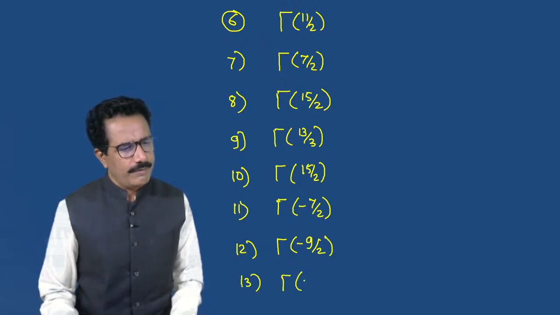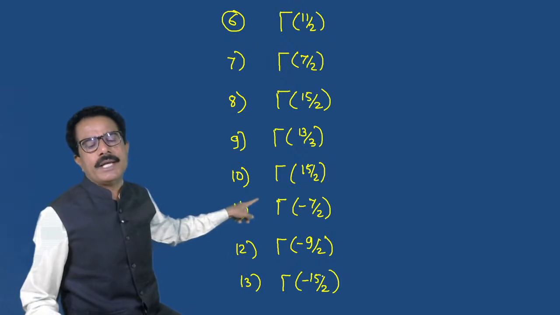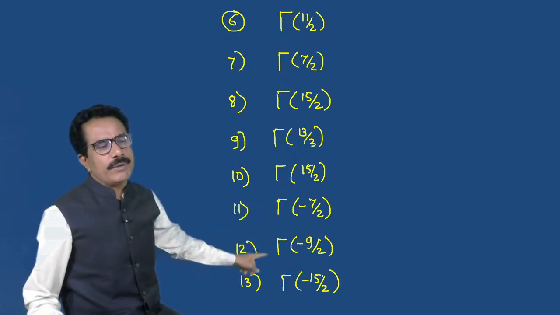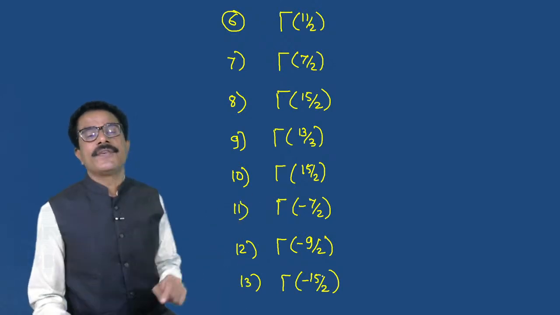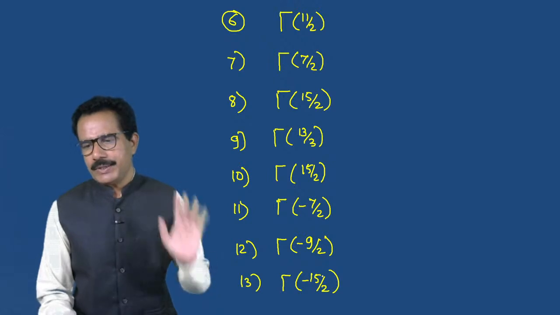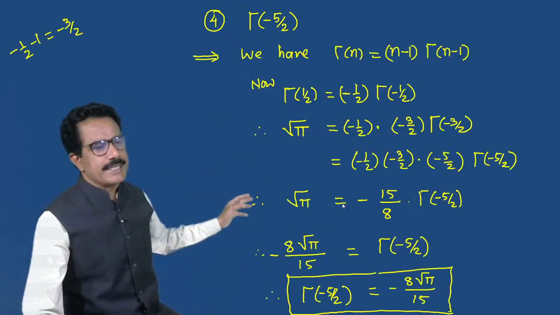So gamma of minus 15 by 2. Now these are the negative terms. We have to calculate the value of this gamma of negative fractions whose denominator is 2, starting from gamma 1 by 2. So okay, you can solve all these problems like this.